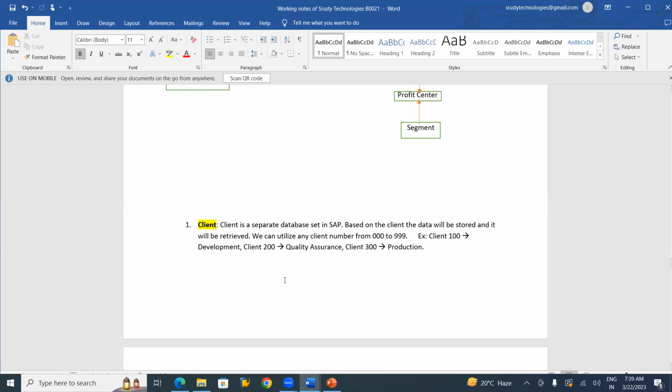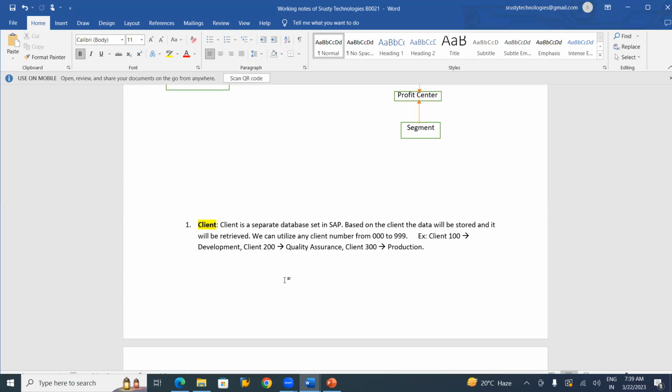Write down: client is a separate database set in SAP. Based on the client, the data will be stored and it will be retrieved.